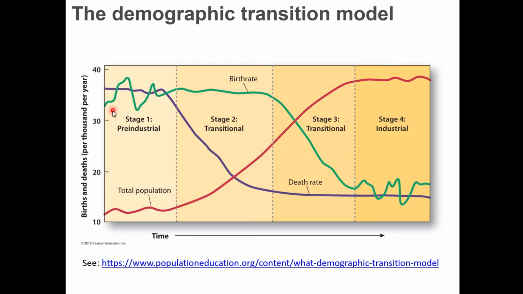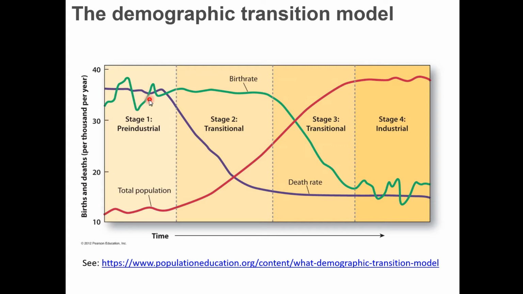We then have this green birth rate and the blue death rate graphs as examples of descriptors of what might go on in this pre-industrial stage. And there might be fluctuations up and down depending on what type of environmental impacts. There might be a bad harvest a year and things like that affect the birth rates.